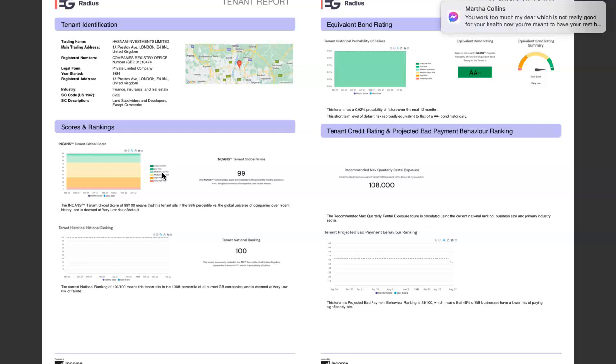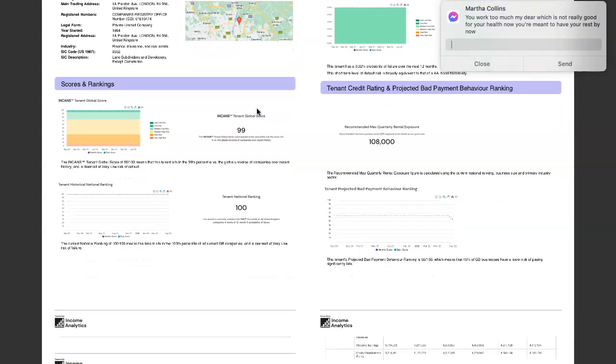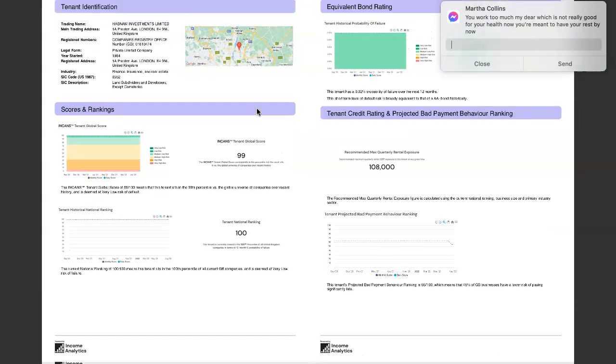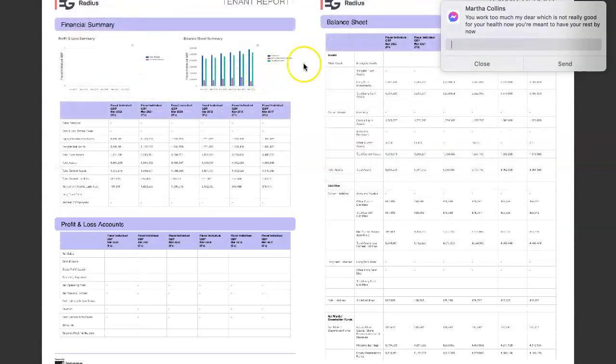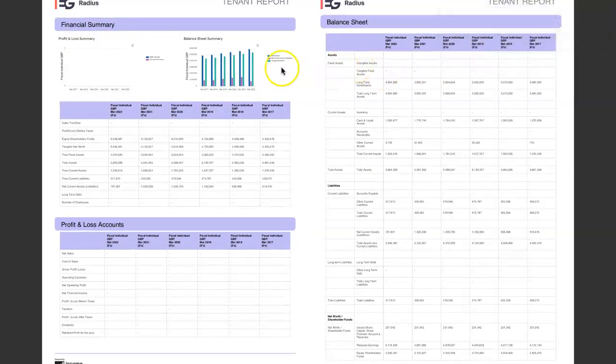I'm going to talk to you today about a report that we prepare sometimes for our due diligence. We're looking at acquiring a portfolio in London mainly, and it's spread around different parts of the UK. We've got a report from EG Radius about the tenant and the likelihood of possible default on the rentals.